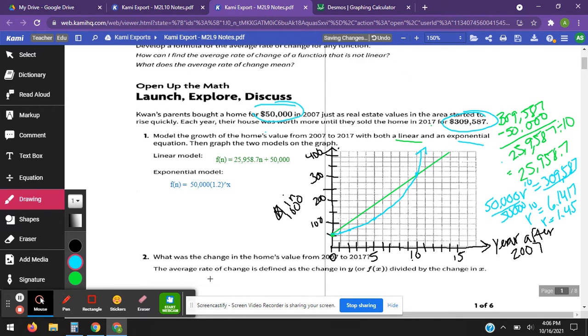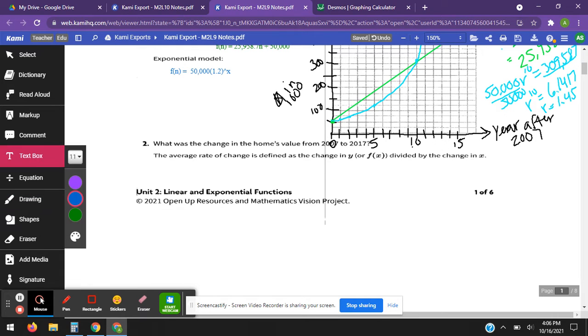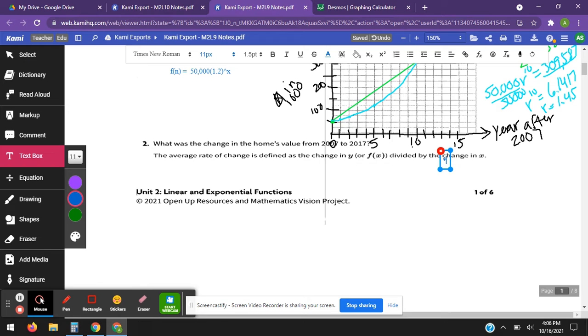All right. What was the rate of change in the home's value from 2007 to 2017? The average rate of change is change in y divided by the change in x, which is really the same as a slope.